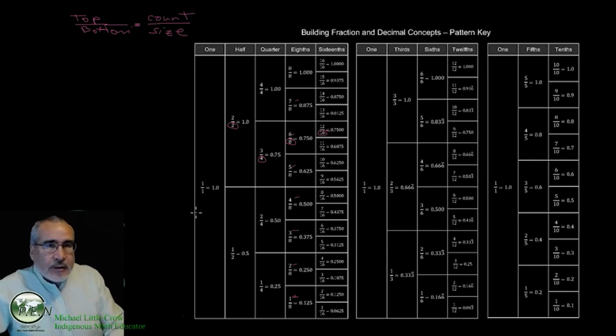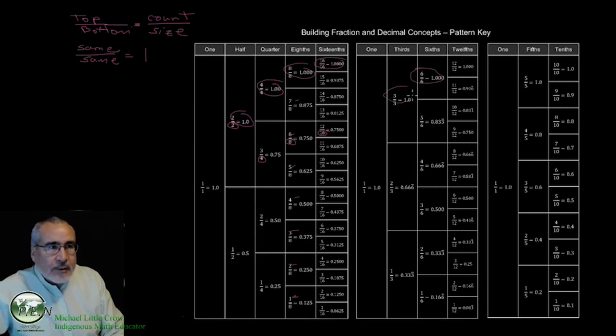The other thing you'll notice is that whenever we've got a fraction that has the same thing on the top as the bottom, that gives us a value of 1. So 2 over 2 is 1. 4 over 4 is 1. 8 over 8 is 1. 16 over 16 is 1. 6 over 6 is 1.